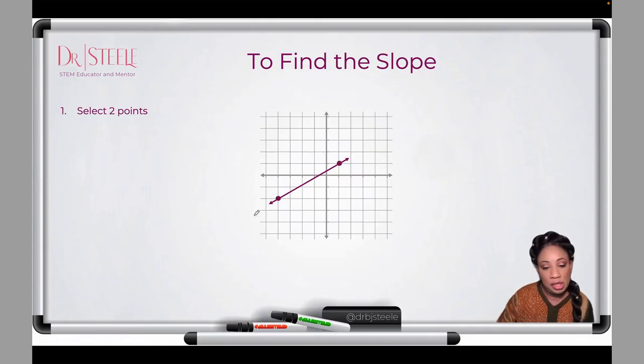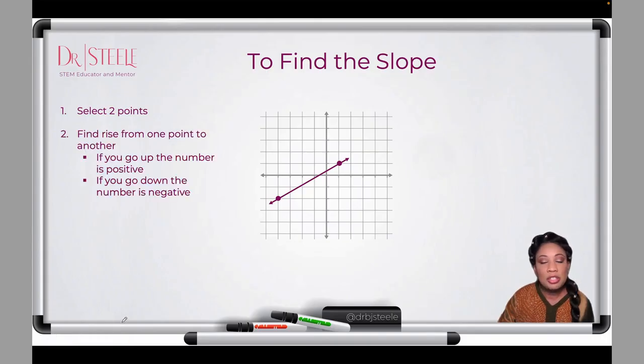So let's choose these 2 points. Again, here it crosses both the x and y axis at a whole number. All right, so we've selected our 2 points. The next thing, we're going to rise from one point to the other. So I'm going to go up 1, 2, 3.